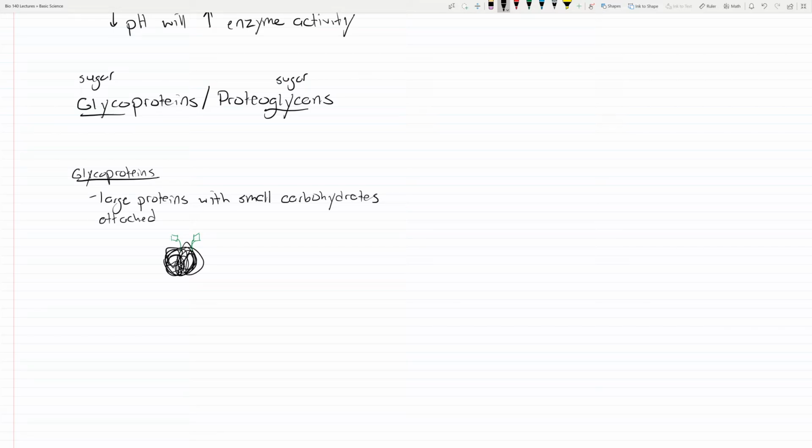Glycoproteins are also found in enzymes. Okay, you can have an enzyme that's made up of a glycoprotein. Antibodies, you will find them there. Hormones, and mucus. Okay, notice the spelling of mucus. M-U-C-U-S.